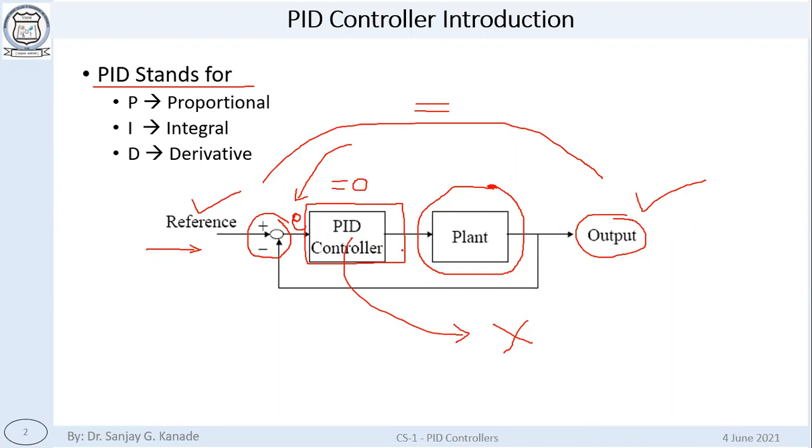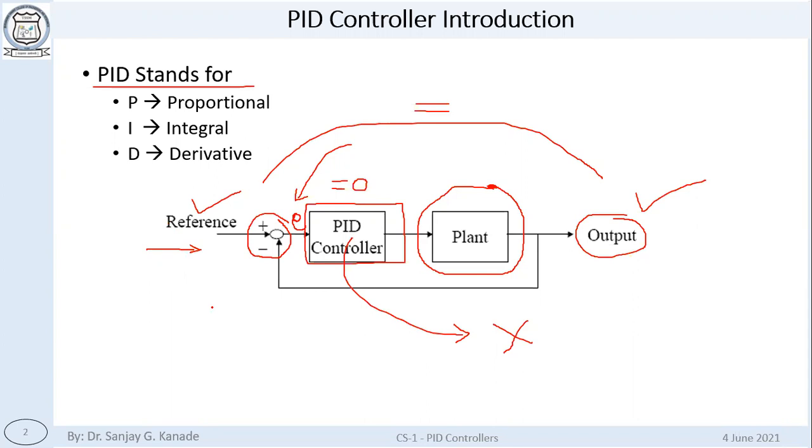It is installed inside the path so that the output and the input are equal. We want the output to be equal to the input. For example, in room temperature control, we want the output to be set to a particular value, for example 24 degrees centigrade.